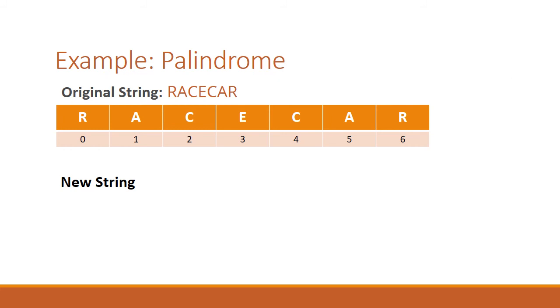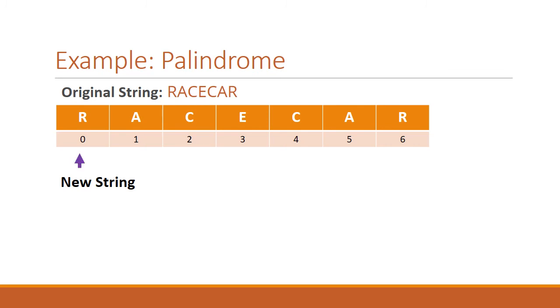At the end of this process, our new string would contain the same characters as the original string, but in reverse order. Then we would be able to compare the new string with the original string, and if they're equal, that would mean that the original string was a palindrome.